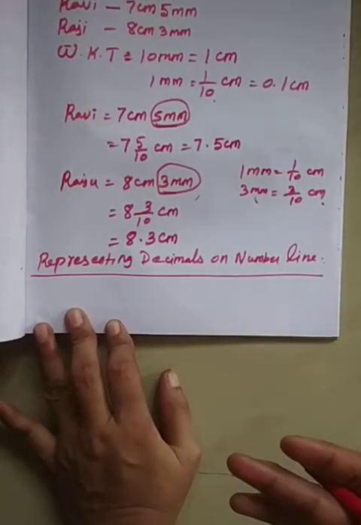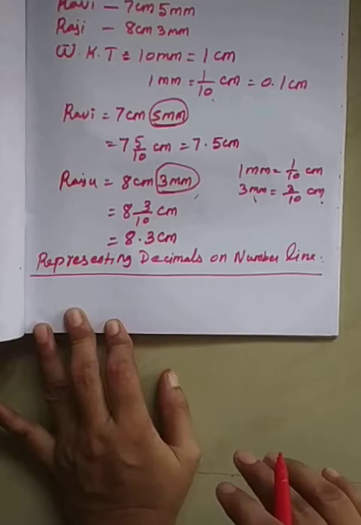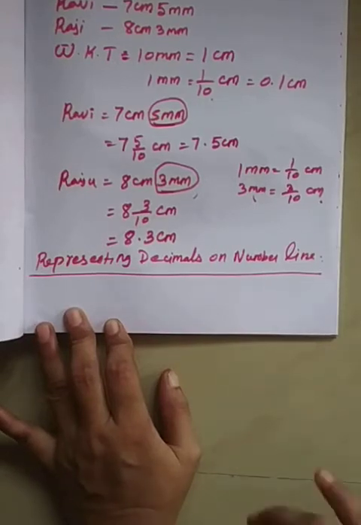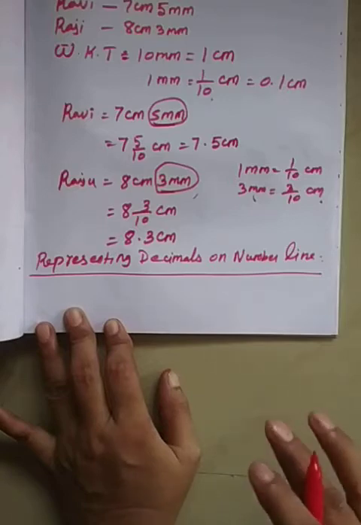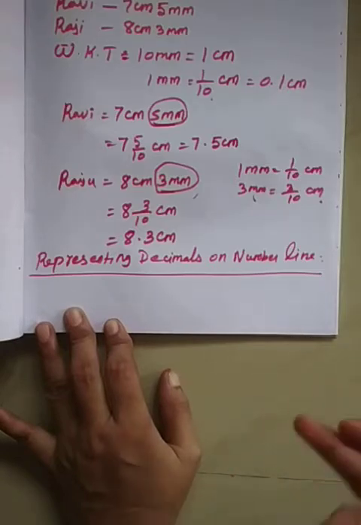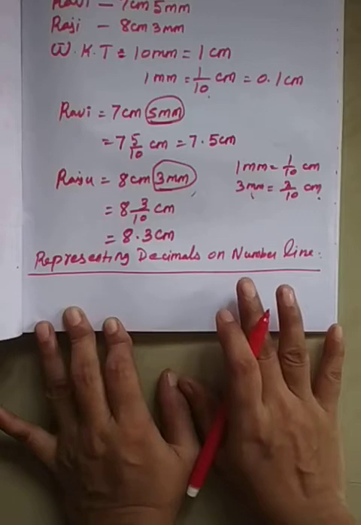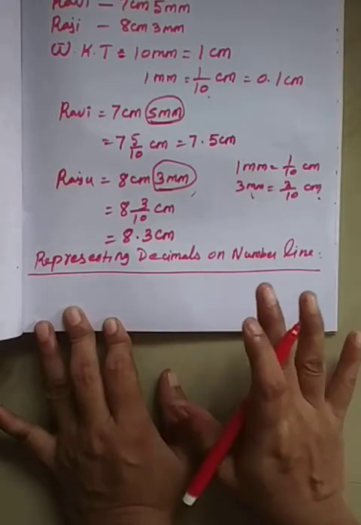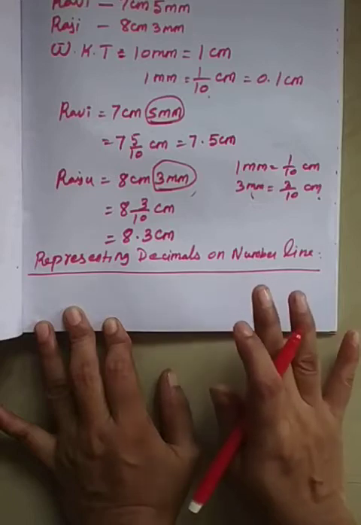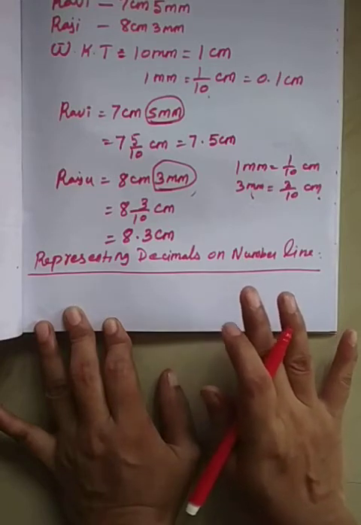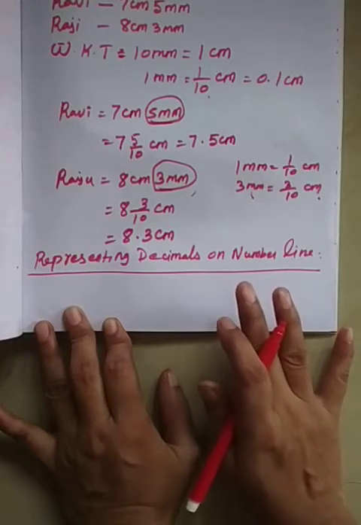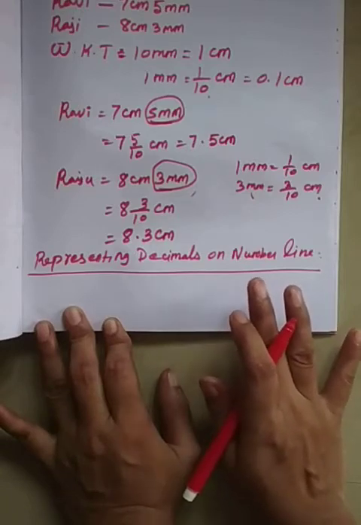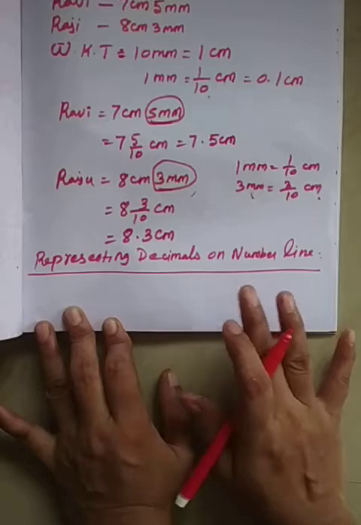We represented fractions on a number line. Let us now represent decimals on a number line. Let us represent 0.6 on a number line. 0.6 is more than 0 but less than 1. There are 6 tenths in it. Divide the unit length between 0 and 1 into 10 equal parts and take 6 parts as shown below.